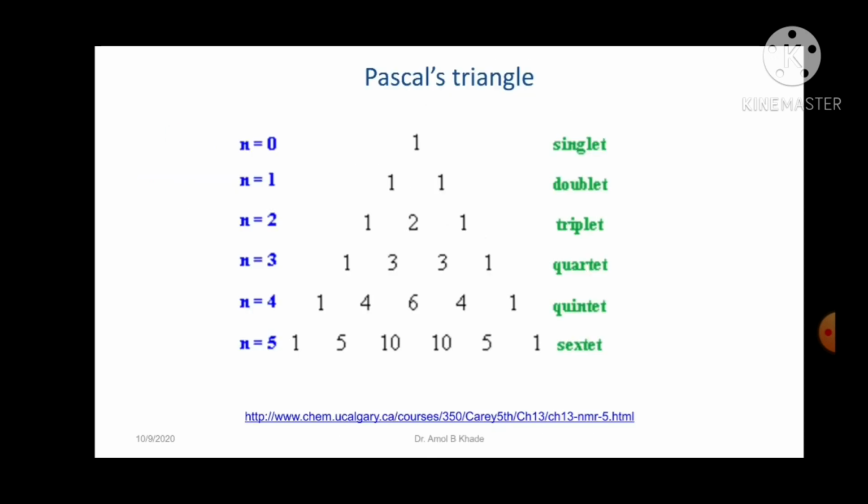So the overall effect will be 0 here. And in the third possibility both can remain anti-parallel. Okay, so here it will be in a shielded zone, and if both are parallel, it will not help the CH proton and it will go into a de-shielded zone. So how to predict the splitting pattern, that we have understood by the n+1 rule.